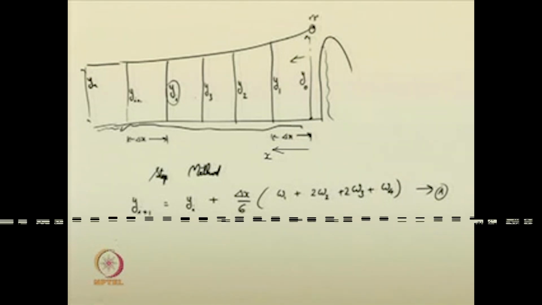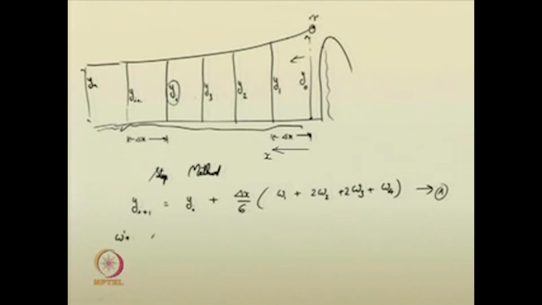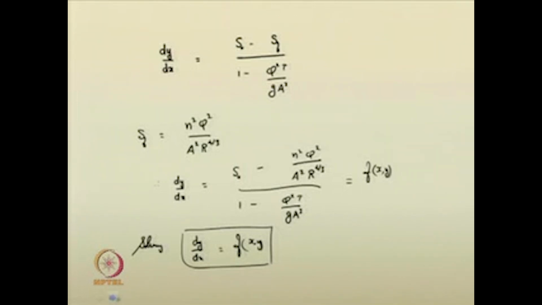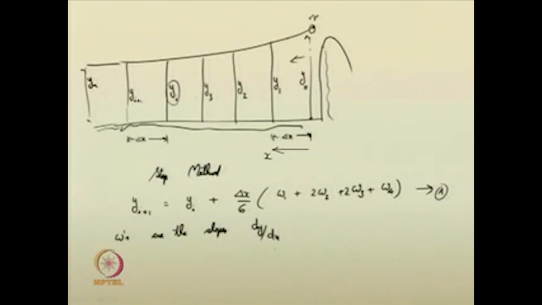Now, what is omega? Omegas are the slopes dy by dx. You know dy by dx is a function of x and y, so omegas are nothing but the slopes dy by dx. How are they computed? Omega 1 is computed as the slope using the known values xi and yi.